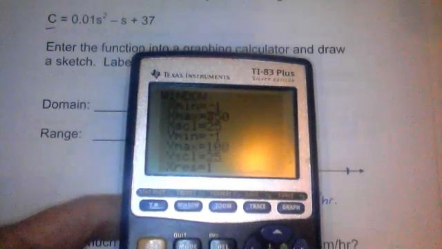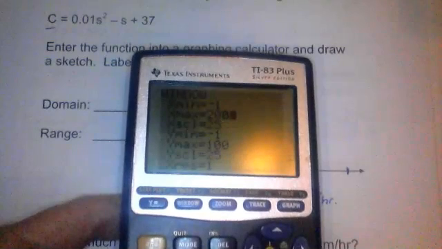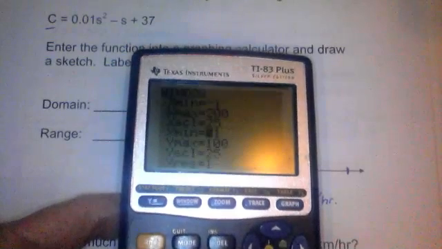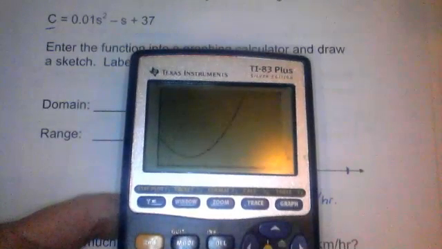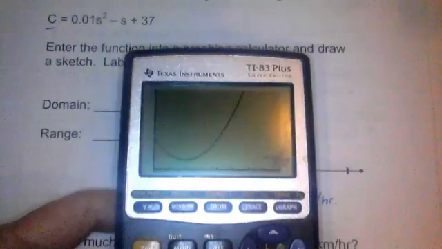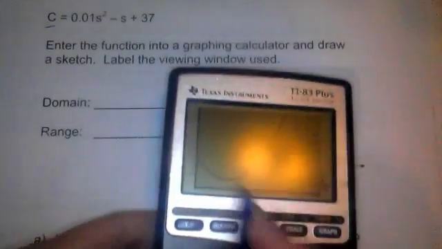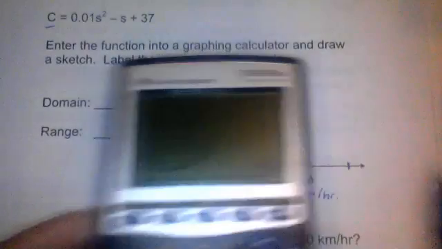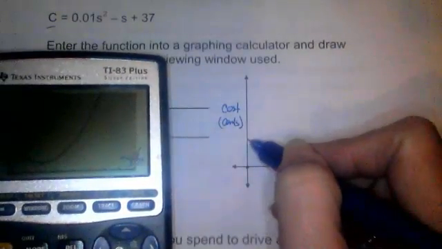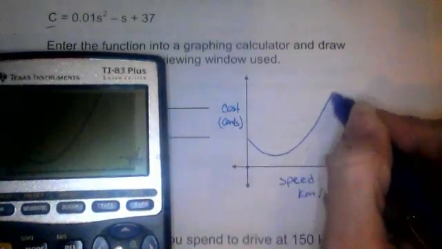So I would take it down to 150 or 200. And so when I do that, it changes my graph just a little bit. But we still can see that it never comes all the way down to the x-axis. So we've got something that looks kind of like this.